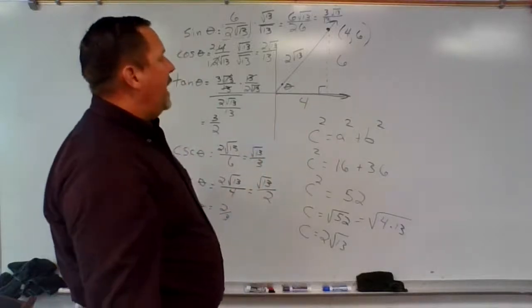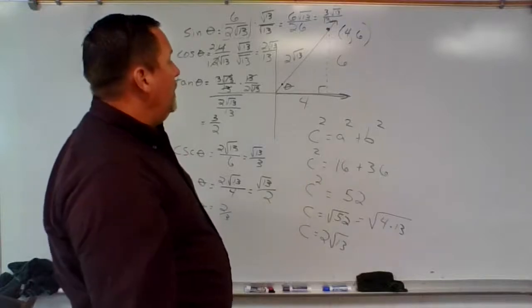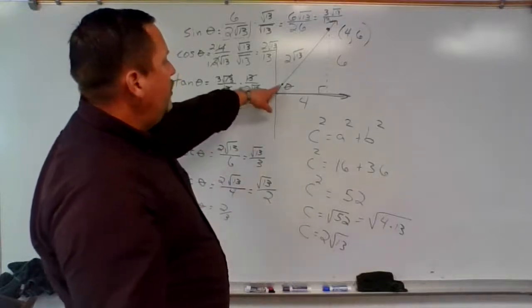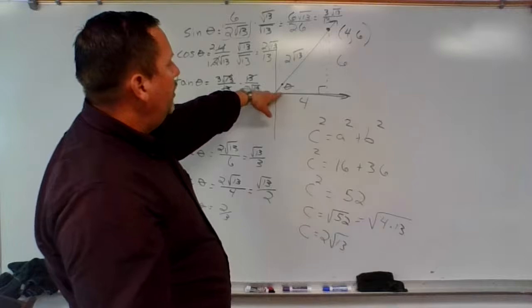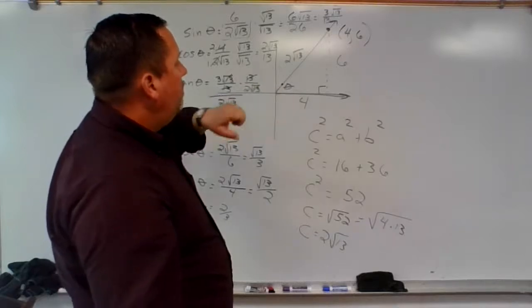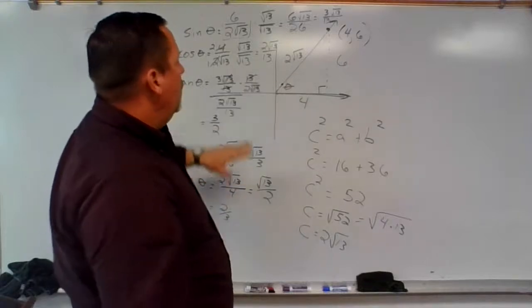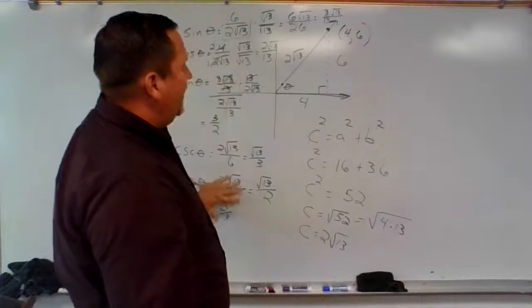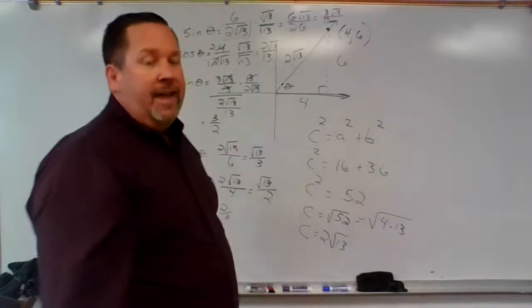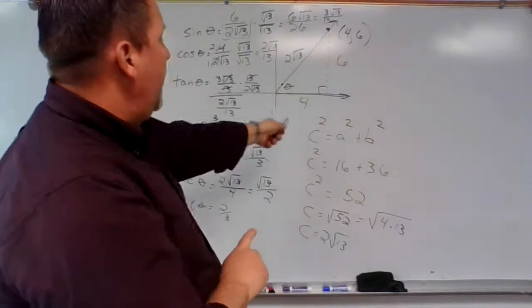And I know at that point, the x value would be my cosine, the y value would be my sine. And I'm pretty sure in the first quadrant, both the cosine and the sine are positive values. The x and the y are both positive here in the first quadrant, which means pretty much everything here is going to be positive. That's going to change when I have angles that terminate in the second, third, and fourth quadrants.